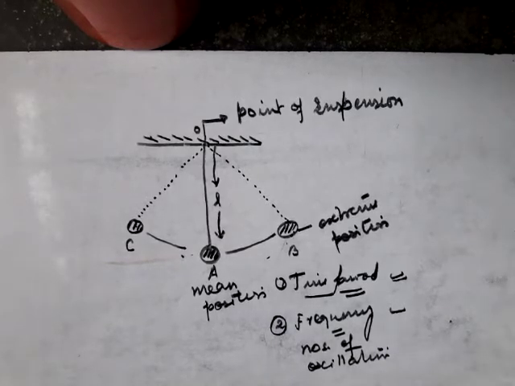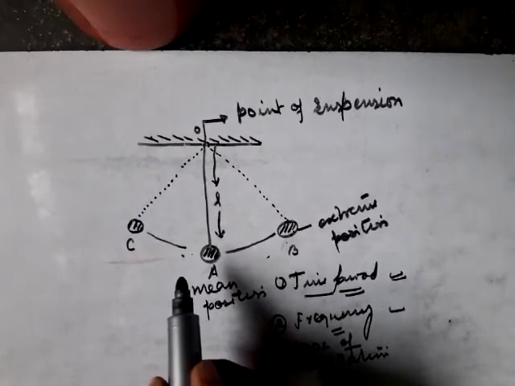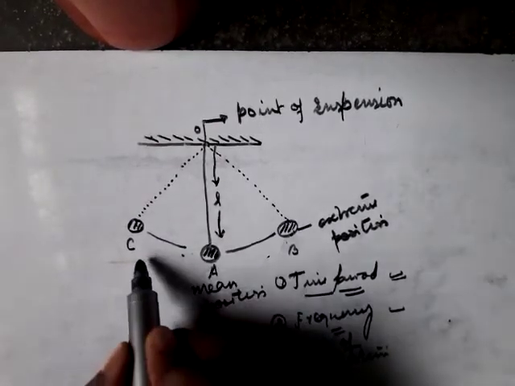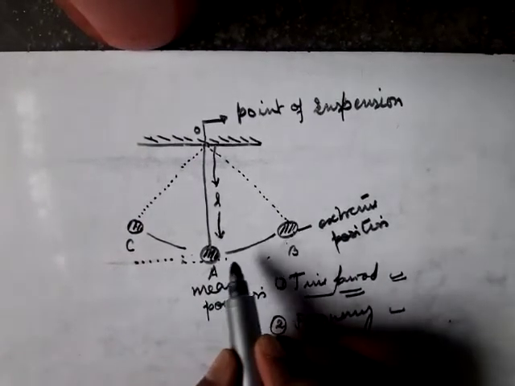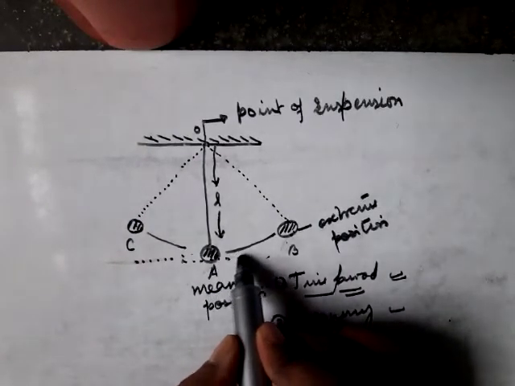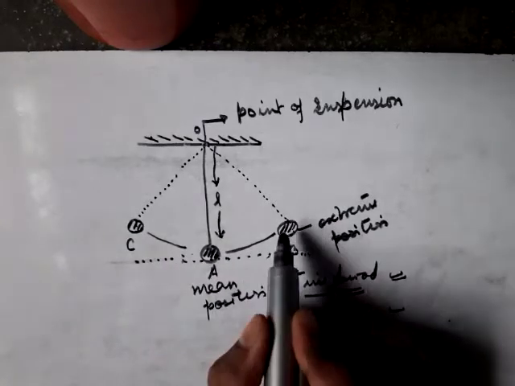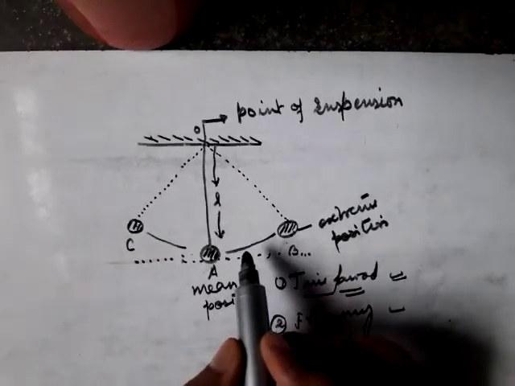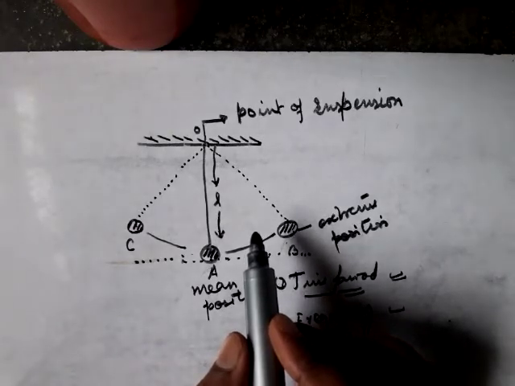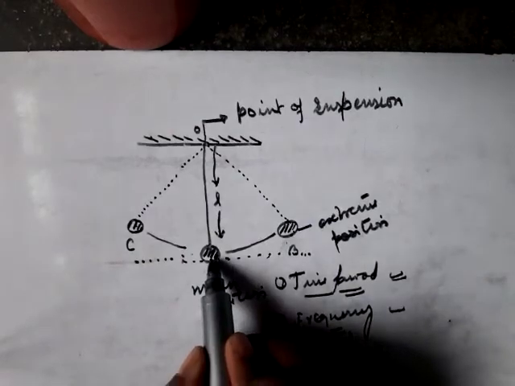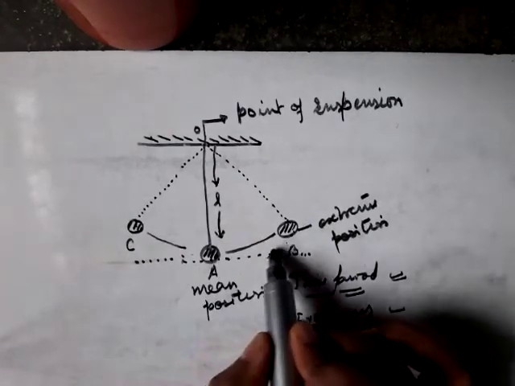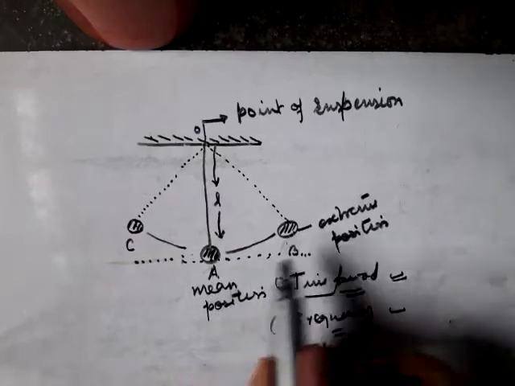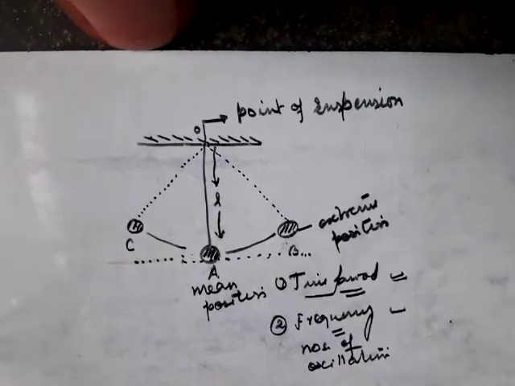Whatever distance the simple pendulum covers from the mean position to the extreme position, that will be the amplitude of the simple pendulum.